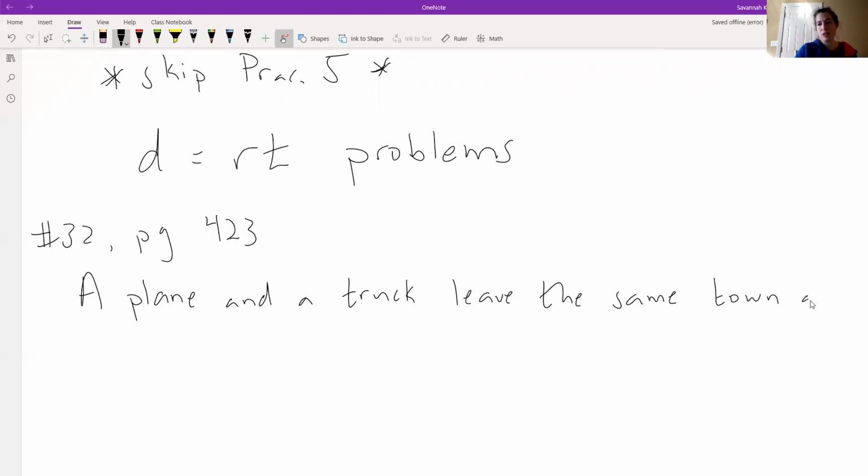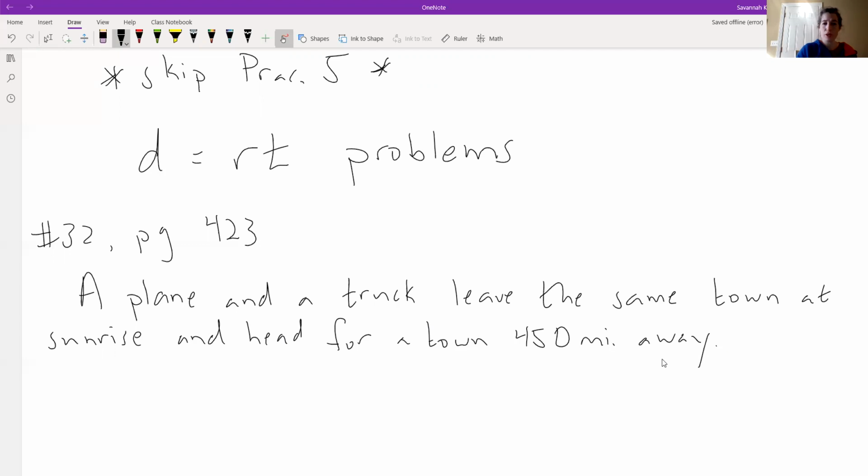So basically you can say to yourself, they leave the same location at the same time. And head for another town. And that other town is 450 miles away. Okay, so pretty simple so far.